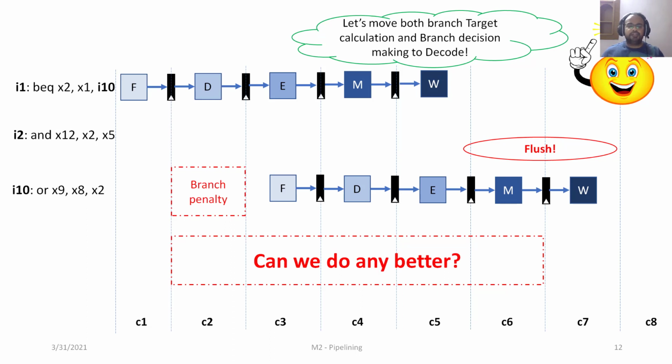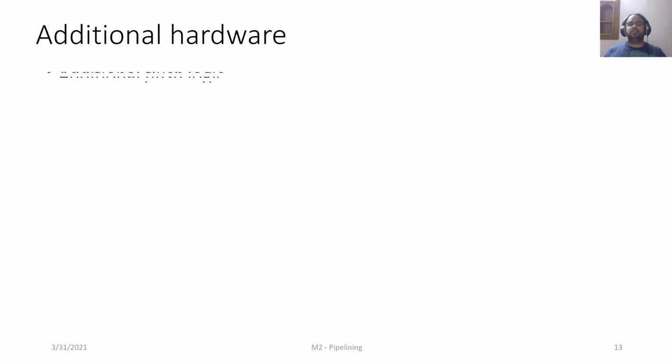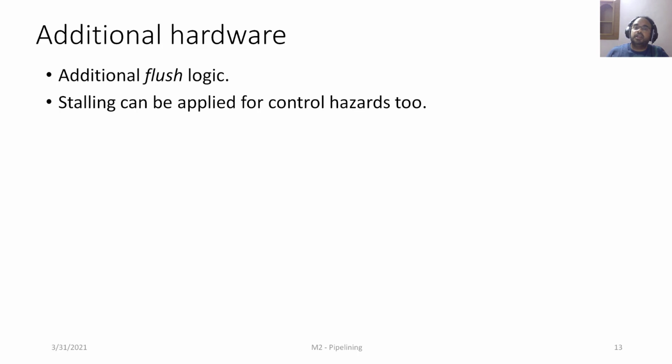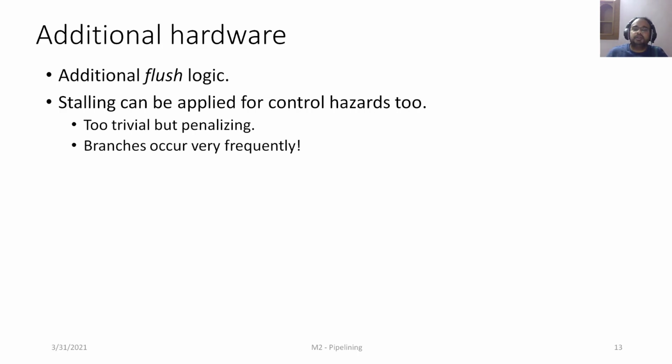Before that, let's try to see what is the penalty at the hardware to reduce these 2 cycles to 1 cycle. The additional hardware that is needed is, either way we need the flush logic, right? We can, instead of flushing, probably think about stalling the pipeline, but it is too trivial and it does not help us in performance, because either we are flushing or stalling, there will be a bubble in the pipeline, right?